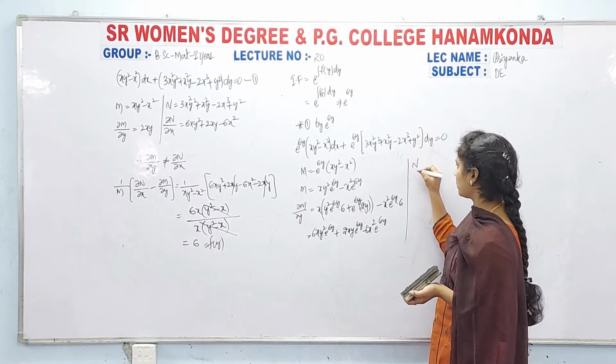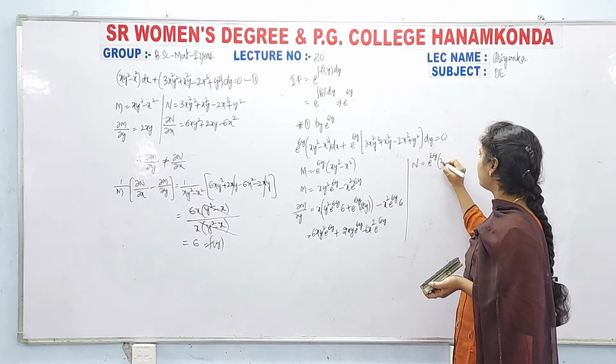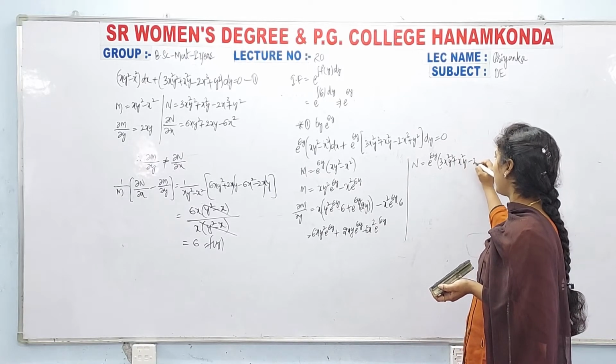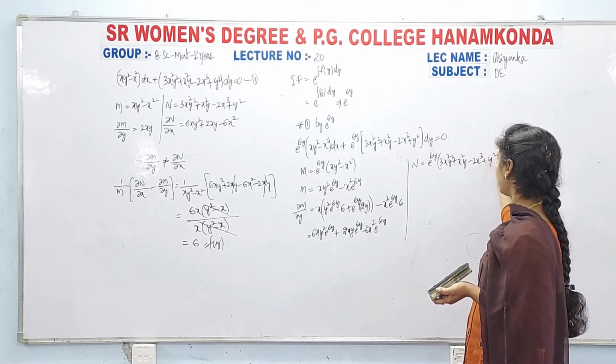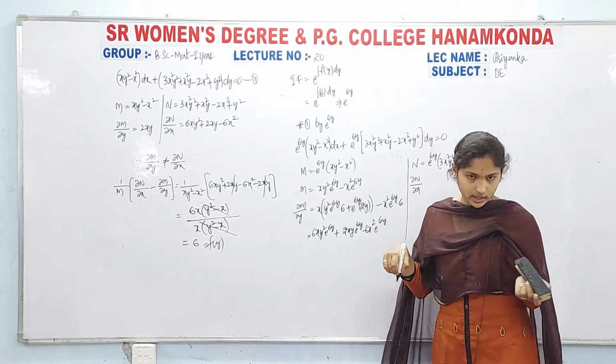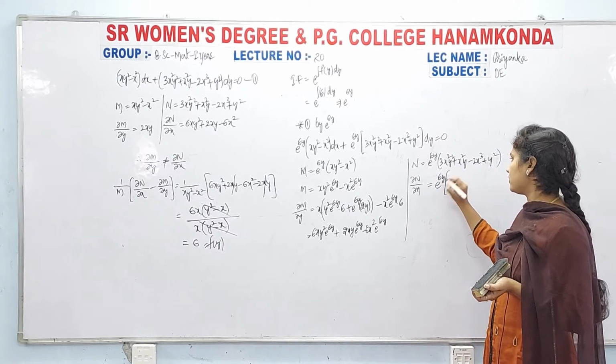And now here I am taking N is nothing but e power 6y of 3x square y square plus x square y minus 2x cube plus y square. Now here we have to differentiate it with respect to x, dou N by dou x. Now I am taking e power 6y as it is with respect to x.